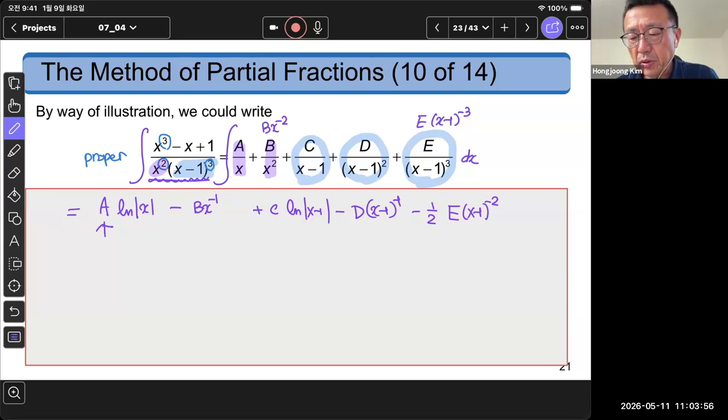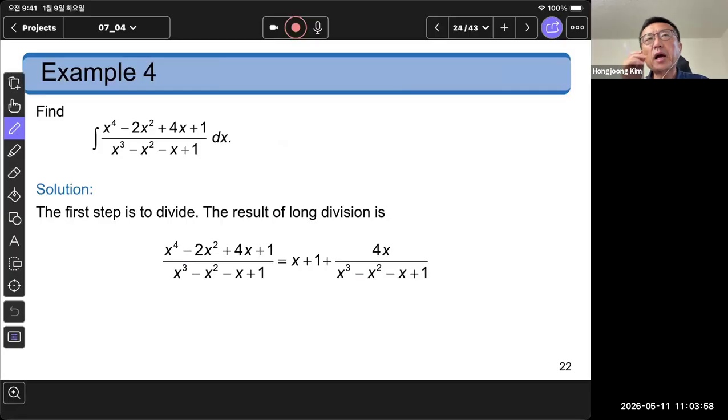So let us consider another example. So suppose that I have such a very lengthy expression, okay, and I want to integrate it for some reason. Then, since the numerator is a fourth order polynomial while the denominator is only a cubic polynomial, we have an improper rational function. So we need to consider long division.